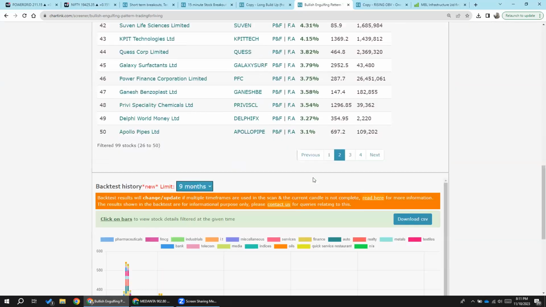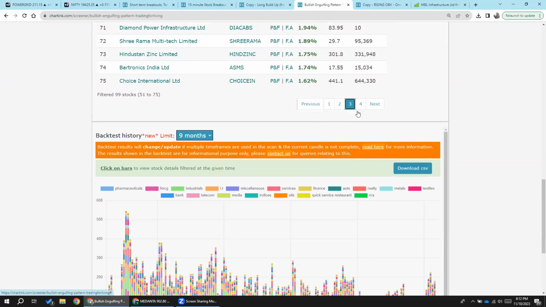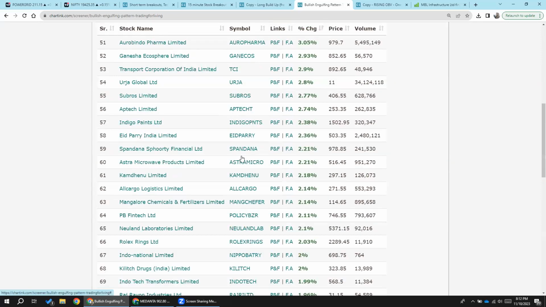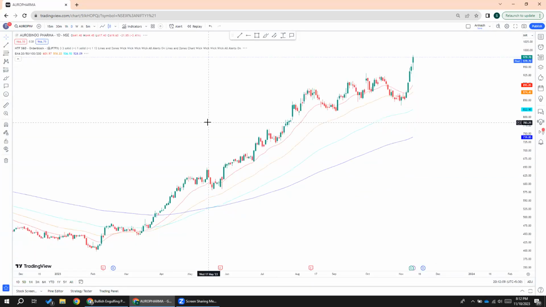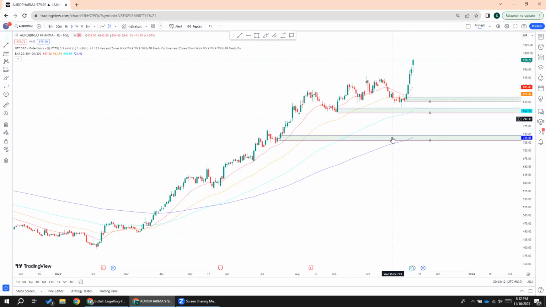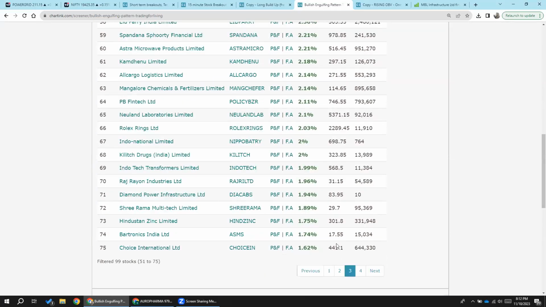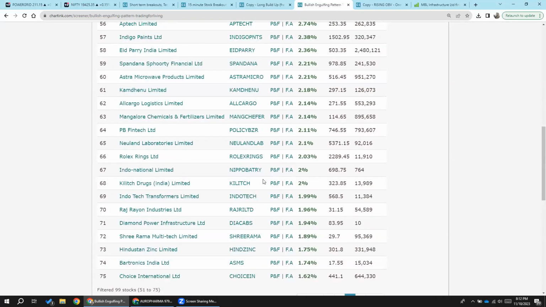So we have to look for stocks where the momentum is relatively okay and the stop loss is like 2 to 5% or less. So Aarti Pharma is continuously growing in an uptrend. Let's start with some stocks here, like 2% in a day. Hala Cargo Logistic.